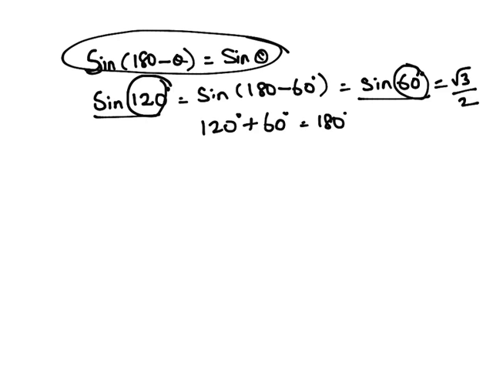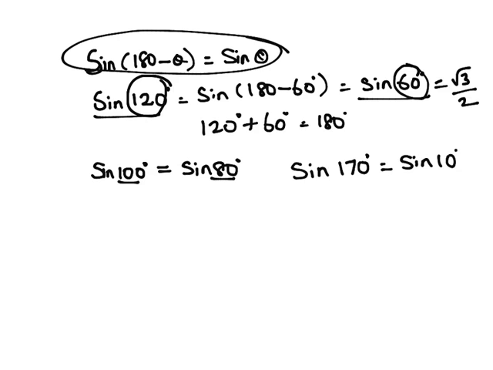So what I mean is sine 100 degrees and sine 80 degrees will have the same value, because 100 and 80 add up to 180. In the same way, sine 170 degrees and sine 10 degrees will be equal in value, because 170 and 10 add up to 180 degrees.